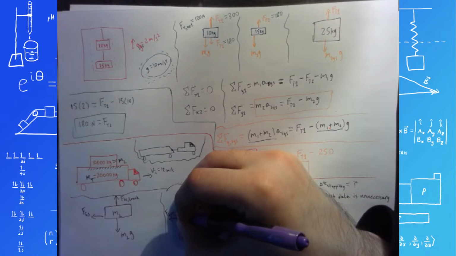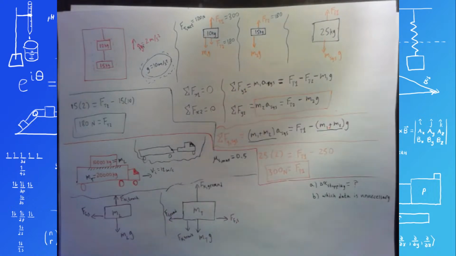I'll call it force of friction road, which I guess would be a kinetic friction, since the truck is moving relative to the road. The road and truck don't have matching velocities, so that would be a kinetic friction and not a static friction. And we can't actually calculate this because we don't know the coefficient of friction between the truck and the road, nor do we know the other thing that it could be called, the force that the brakes exert on the truck.